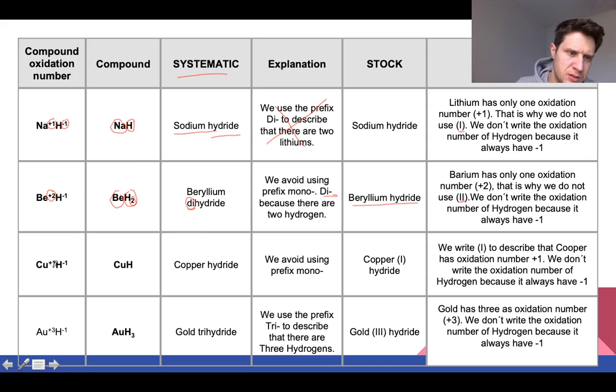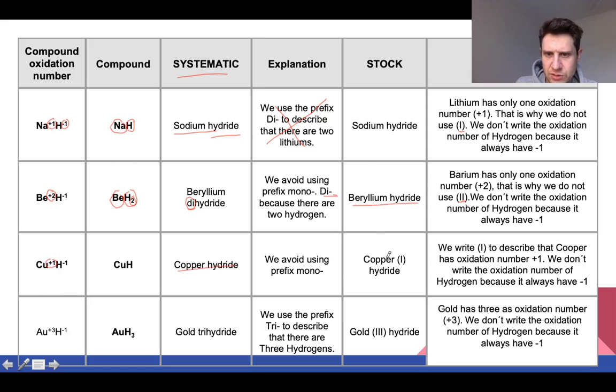Third example, copper has more than one oxidation number, which in this precise case is just 1, the same as in hydrogen. We don't write numbers 1. How do we call it? Copper hydride. We avoid prefix mono.